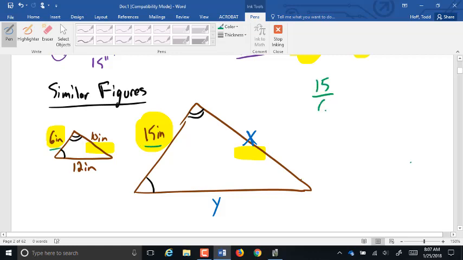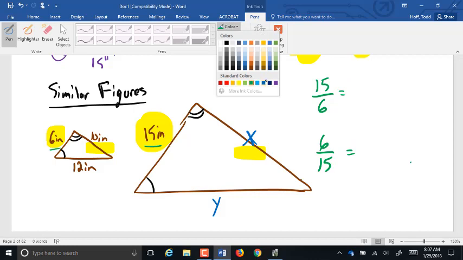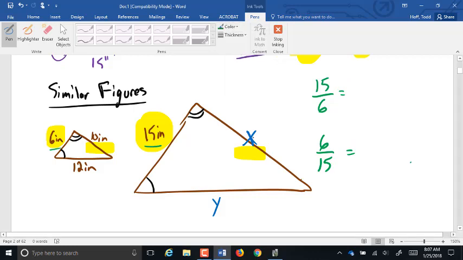Does it matter whether I put 15/6 or 6/15? No. But when I go to put in the X now, X is from the same triangle as the 15. So it's got to go with the 15. Depending on which one I put it in, it's got to go in the same position as the 15. What goes above it or below it? Well, from the other figure, what side corresponds with X?